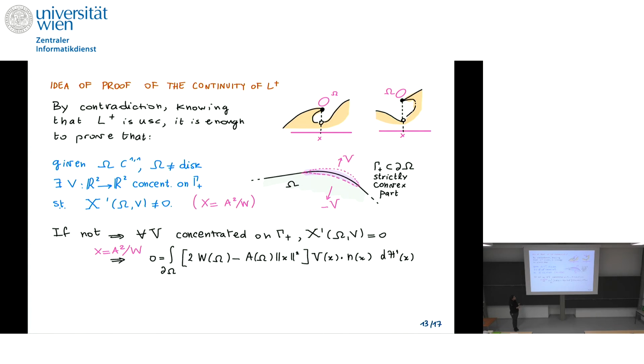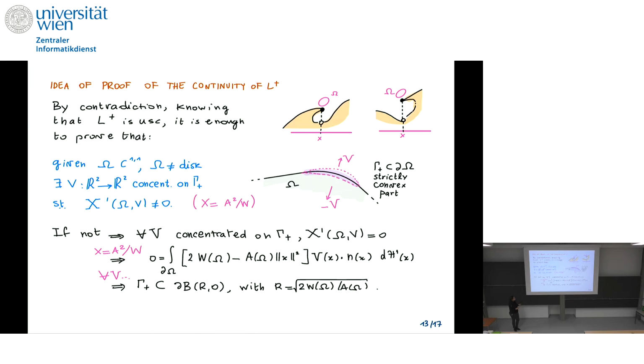Okay? But this has to be 0 for every deformation field V. So using the arbitrariness of V, we find that this integrand here has to be 0. Since this is a constant and this is a constant, it means that the norm of the points of the boundary gamma plus has to be constant.